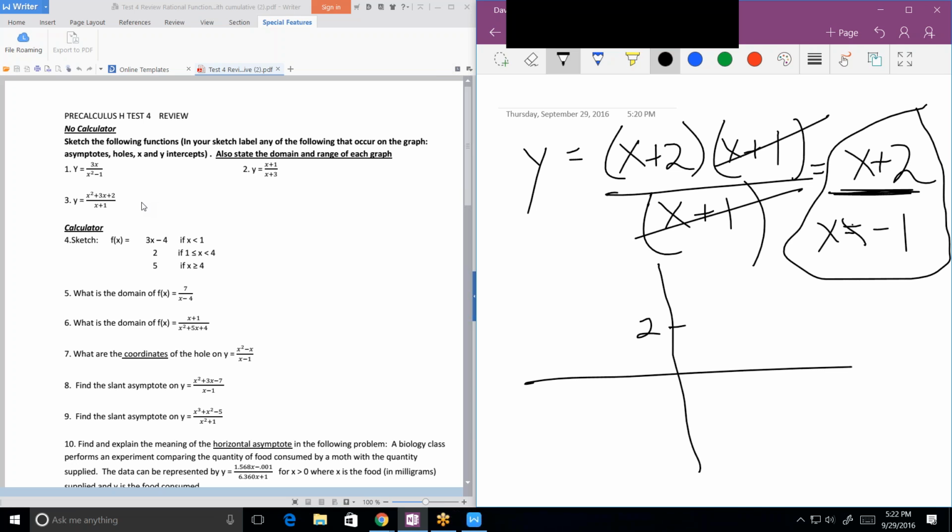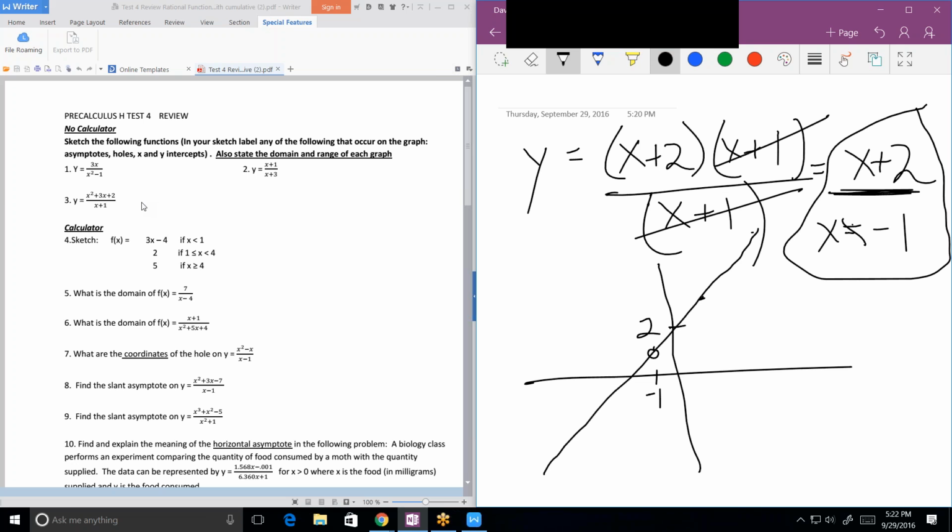And then what's the slope? Just 1. Okay, so I go up 1 and right 1. Now I have 2 points. I can connect the 2 points. But there's one further thing I have to do. I have to go to -1 and put a hole right there.